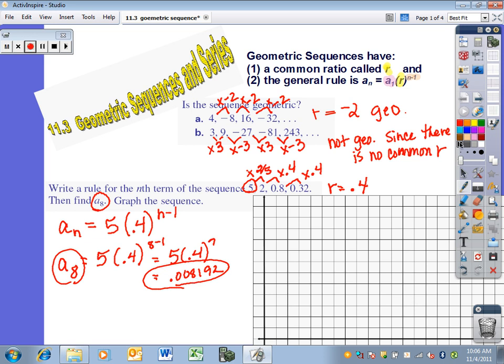Now, it also says to graph the sequence. So under here, I'm just going to put the first term was 5, the second term was 2, the third term was 0.8, the fourth term was 0.32.